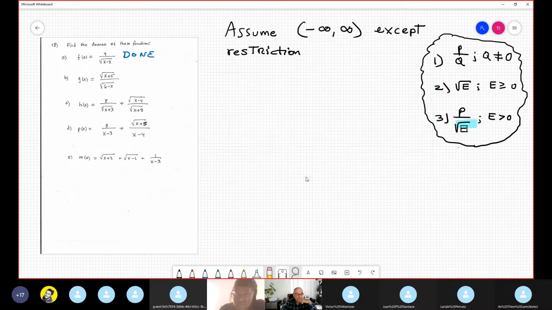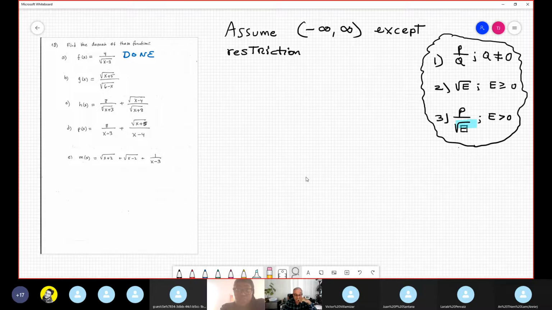How many restrictions do you see in B? How many? 1 restriction, 2 restrictions, 3 restrictions. How many? You see one. 2 restrictions.